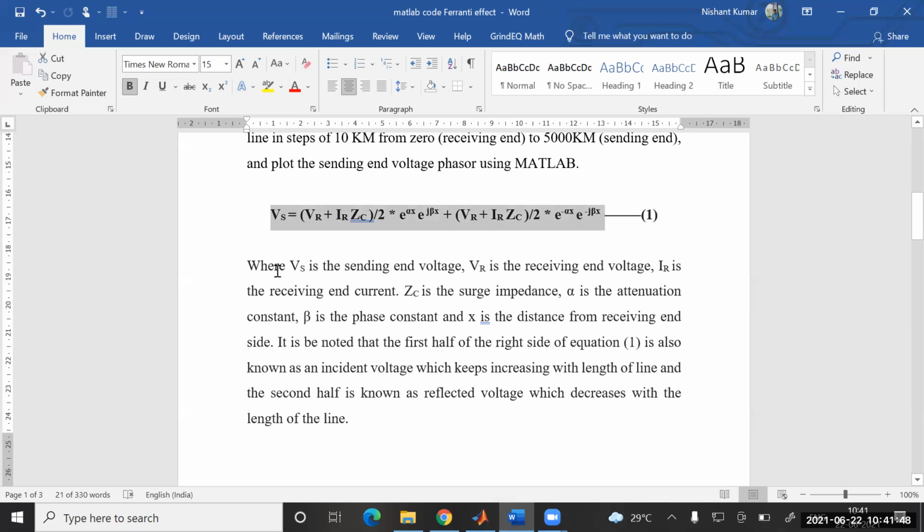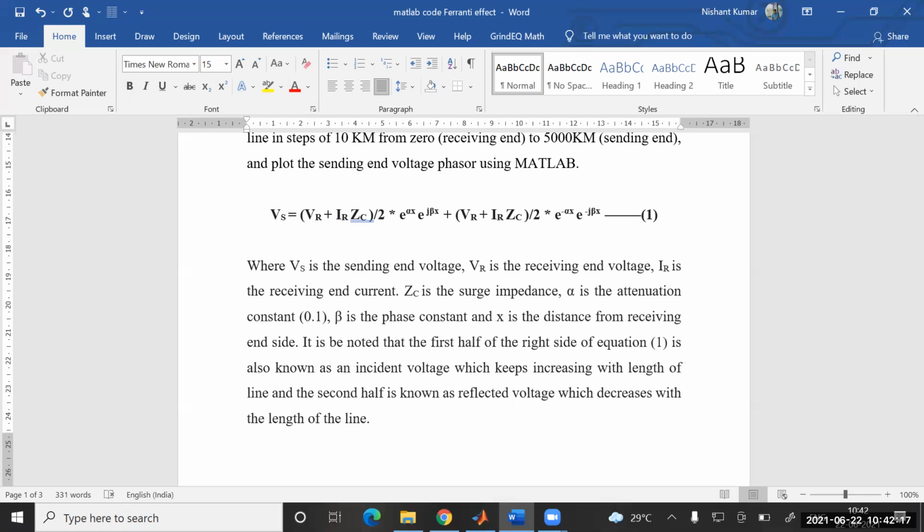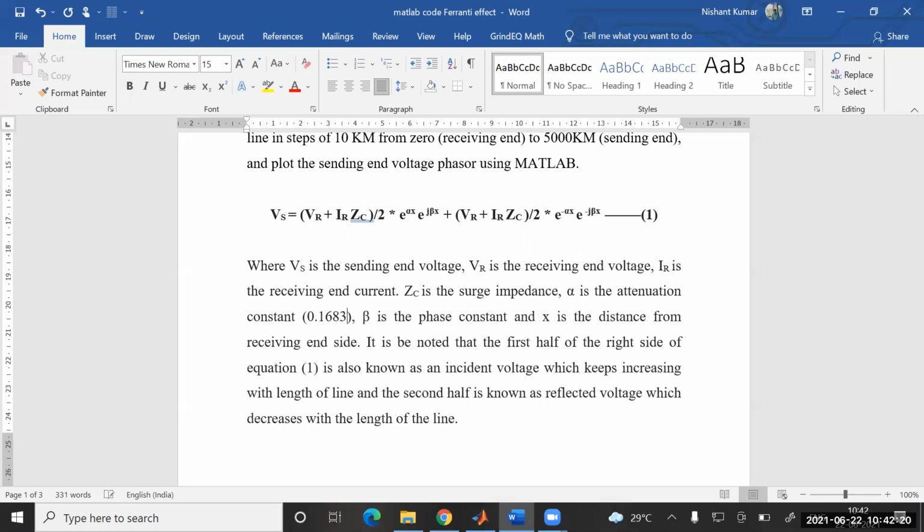Here Vs is the sending end voltage, Vr is the receiving end voltage, IR is the receiving end current, Zc is the surge impedance, and alpha and beta are the attenuation constant and the phase constant. These values will be given. We will take this value as 0.1683.